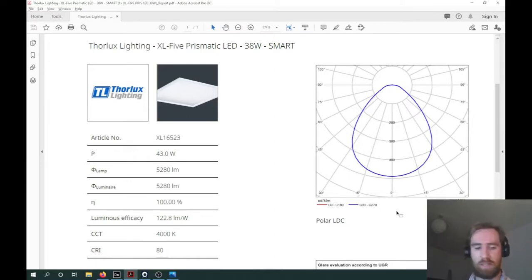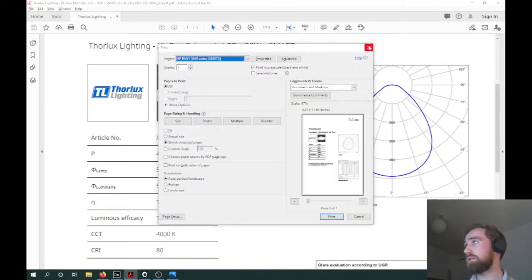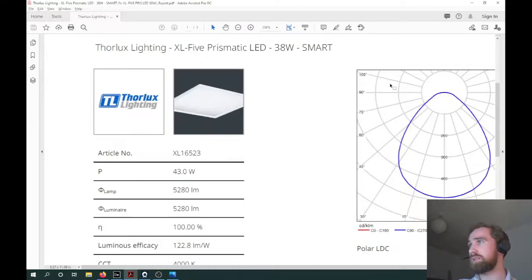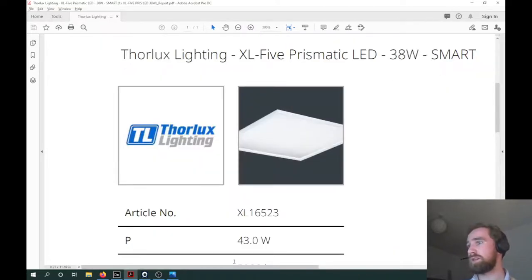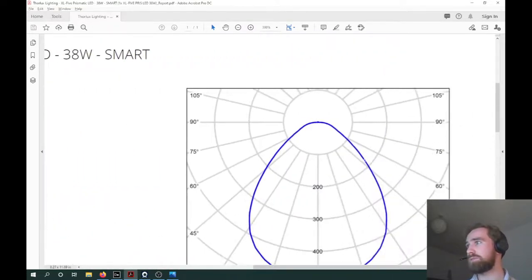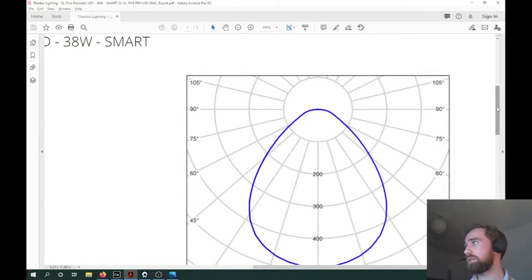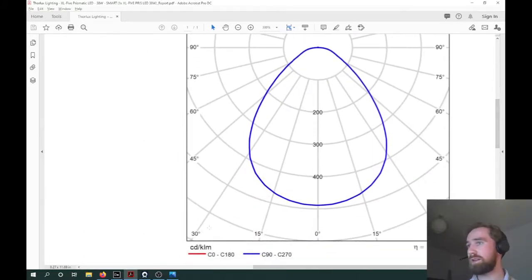But the important thing here is on the, apologies, I meant to zoom in on that. We on the right here onto the polar diagram gives us the angle underneath our fitting and the unit here of each of those circles, candela per 1000 lumens, just as we had in the other one from the question.